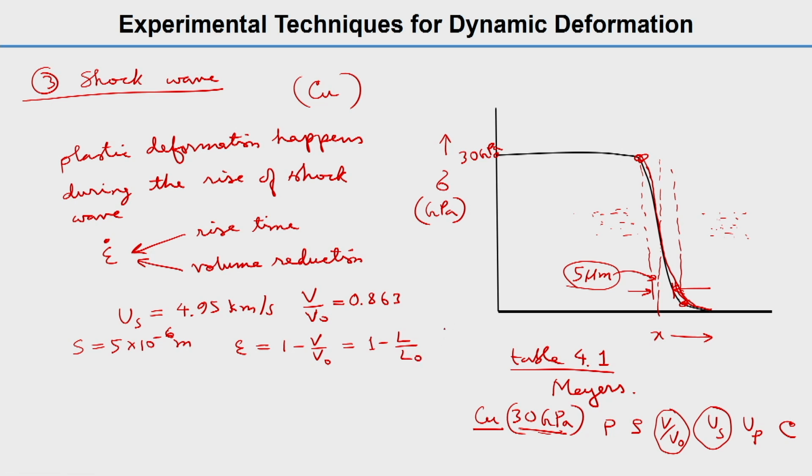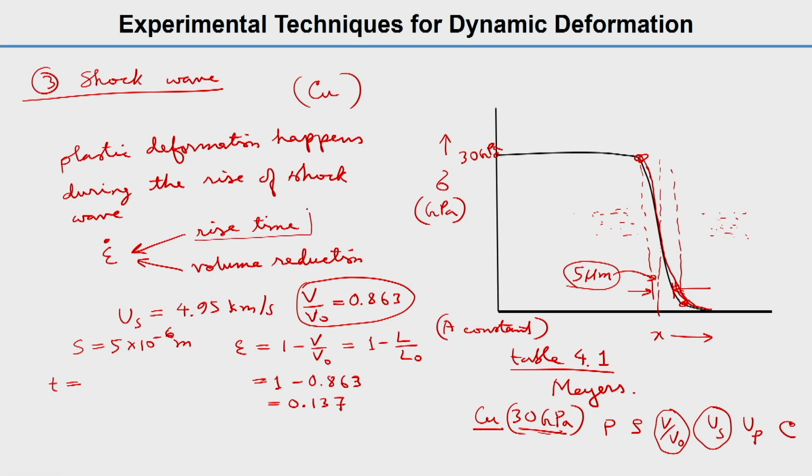So because we are assuming the area is constant, what we will get is 1 minus V by V naught, which is 0.863, so that will give us the strain of 0.137. Then we need to get the time, that is the rise time t.